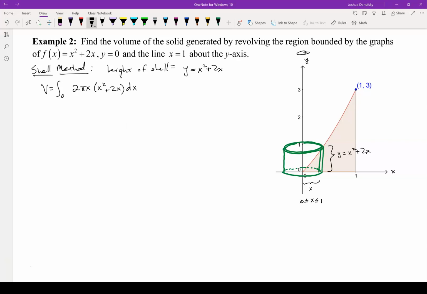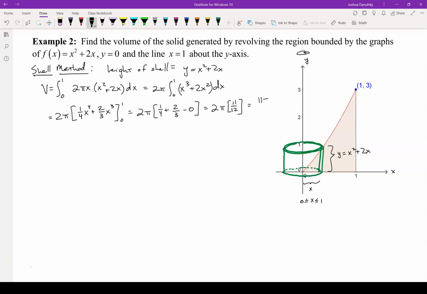And we're integrating from 0 to 1. And we get a final result of 11 pi over 6.